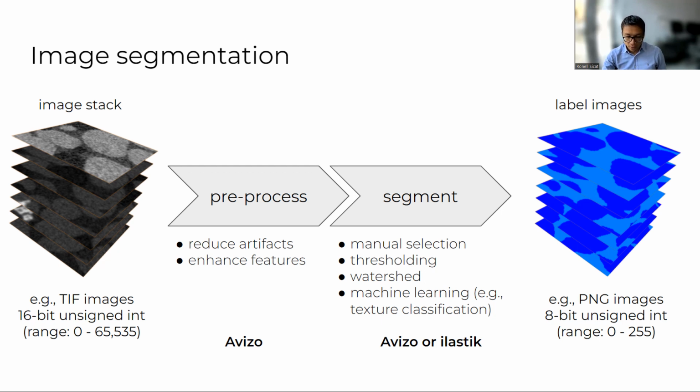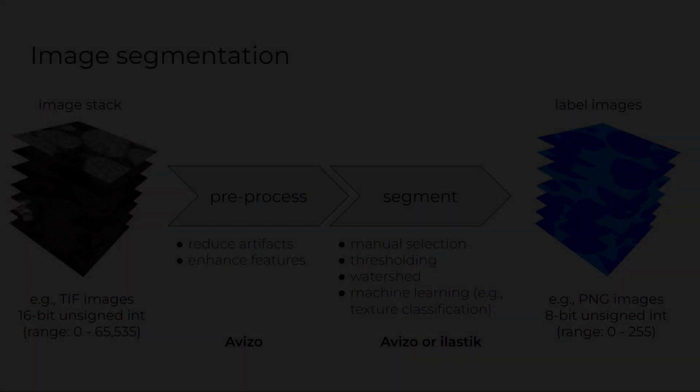Okay, so as usual, you can post questions in the chat. So the next part of the workshop is a deep dive into the Ilastik application, which is an alternative segmentation tool. But before we go to that, maybe we can take again a 3-minute break.